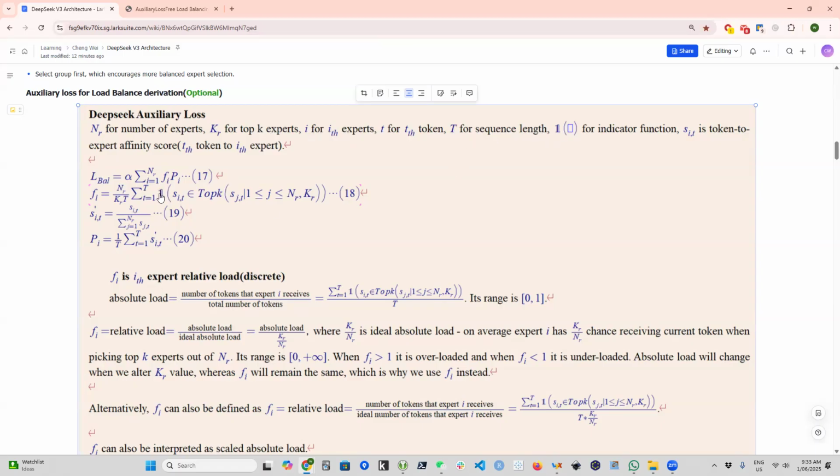One is an indicator function, just saying whether it picks that one or not.